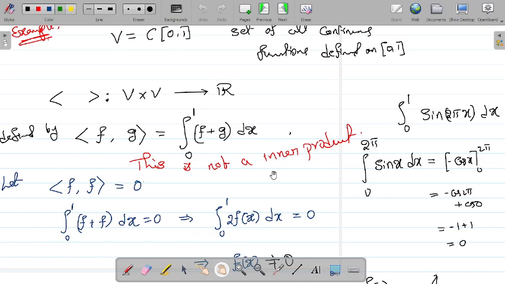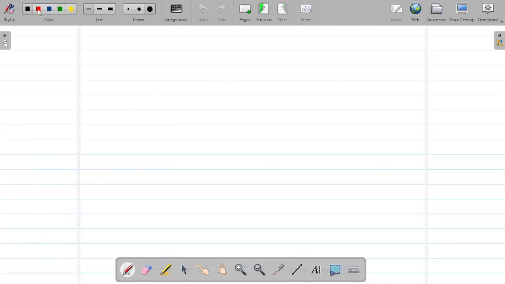Okay, now let's look at one more example. Let's talk in terms of matrices. Inner product on 2 by 2 matrices. So let's say U is a matrix which is defined like this: U1, U2, U3, U4.